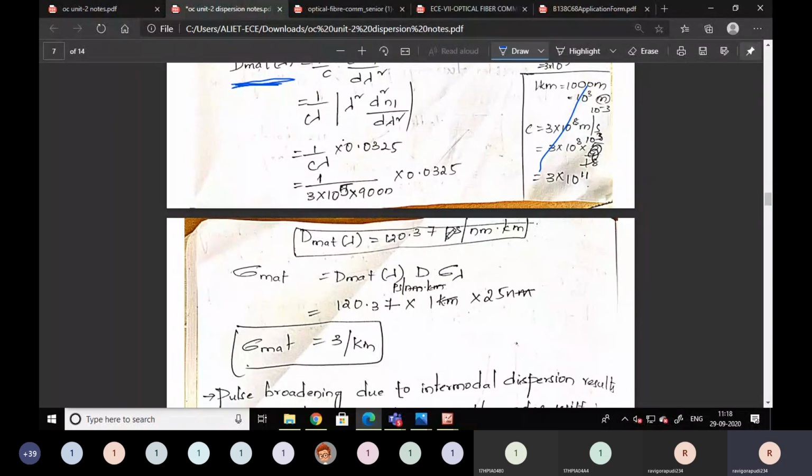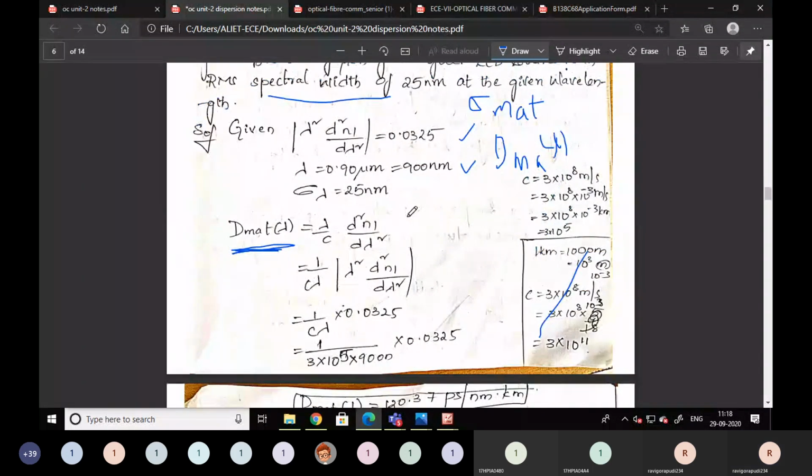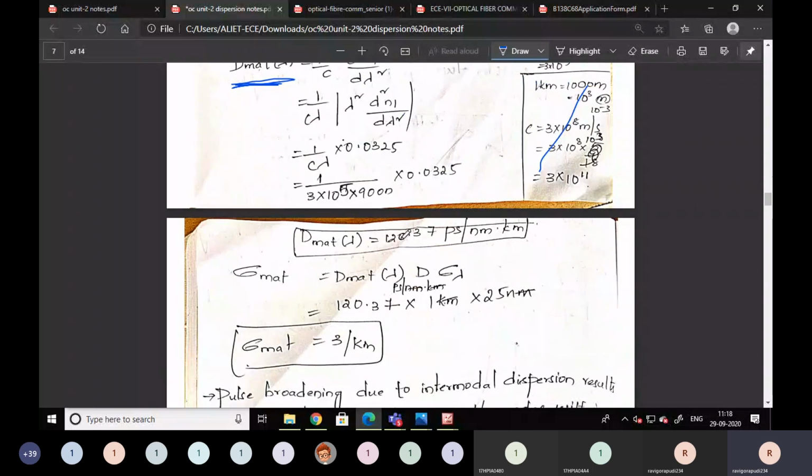Observe at which value you are getting 120.37 picoseconds per nanometer kilometer. This is 900 nanometer. 1 by 900 into 3. How much are you getting? 120.37.